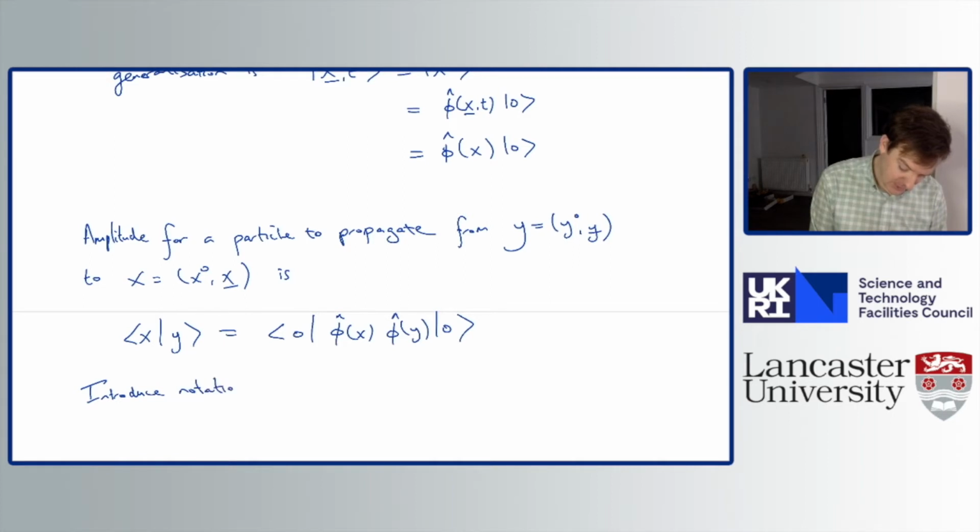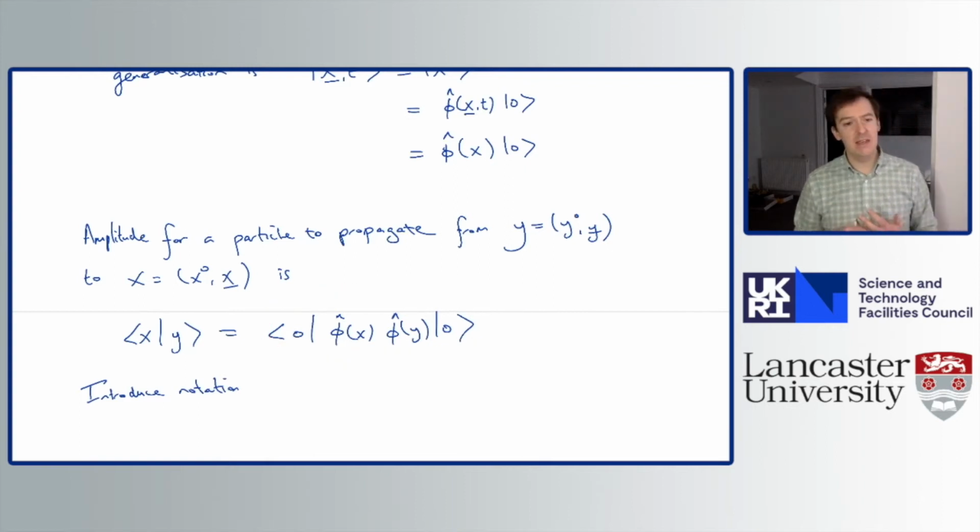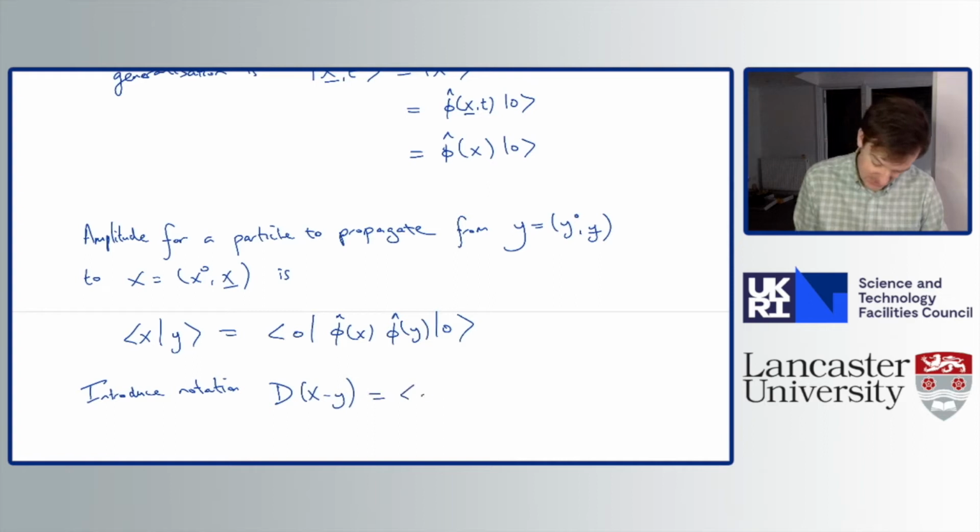The notation for this combination of fields sandwiched between a vacuum state is quite often written as D. I don't quite know where D comes from, but it's given the notation D. So this is exactly what we have above.